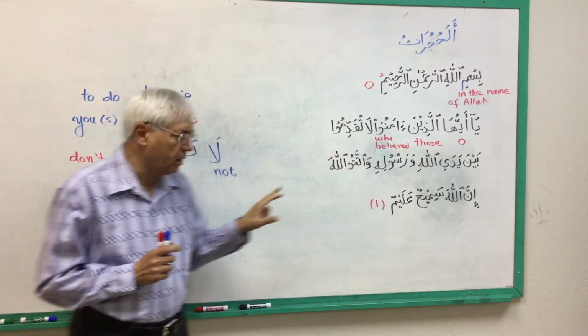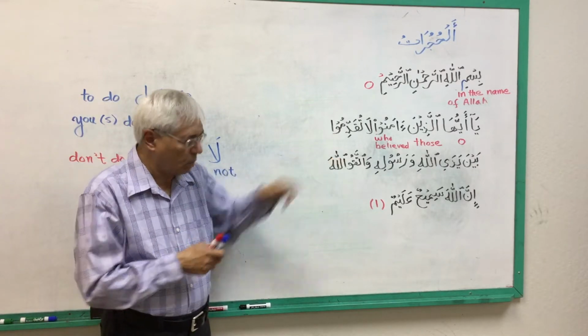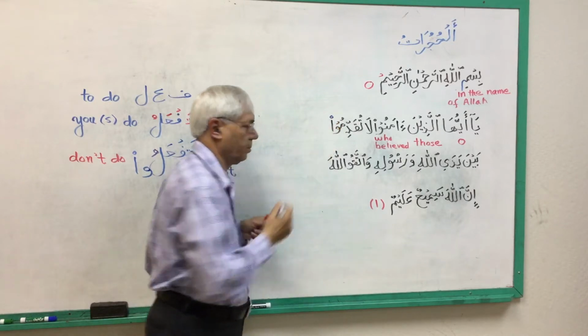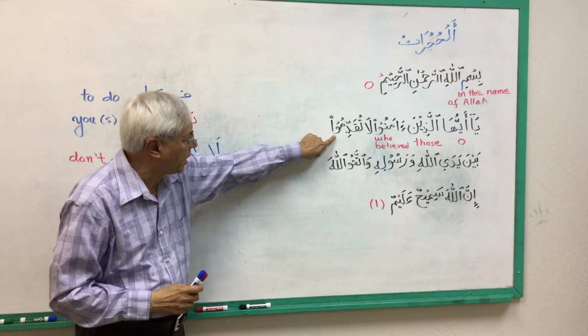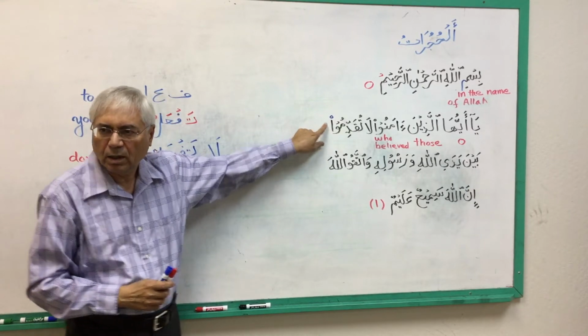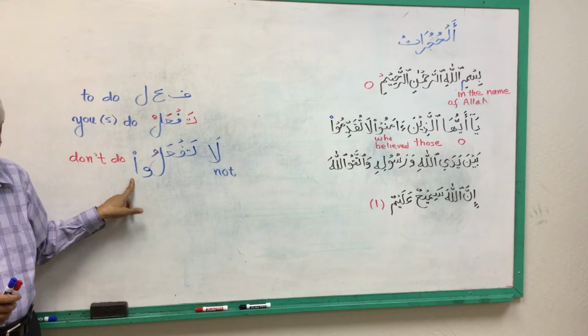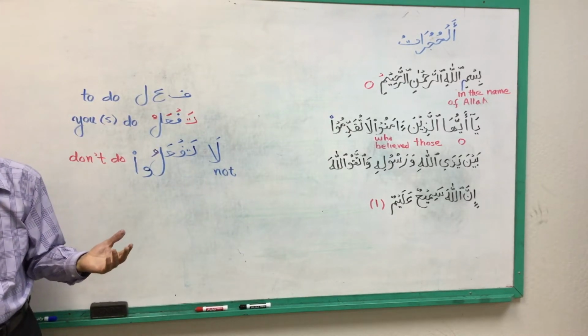word has a la in it in the beginning. Okay? Then a waw, and this little thing has a circle here. Okay? So from here you can at least recognize that waw and alif are there, which means it's a plural. Okay? So la is there, it is bringing the meaning of don't do.